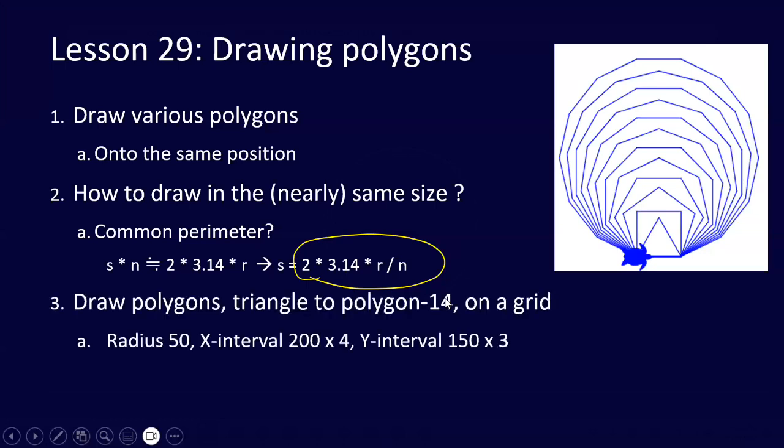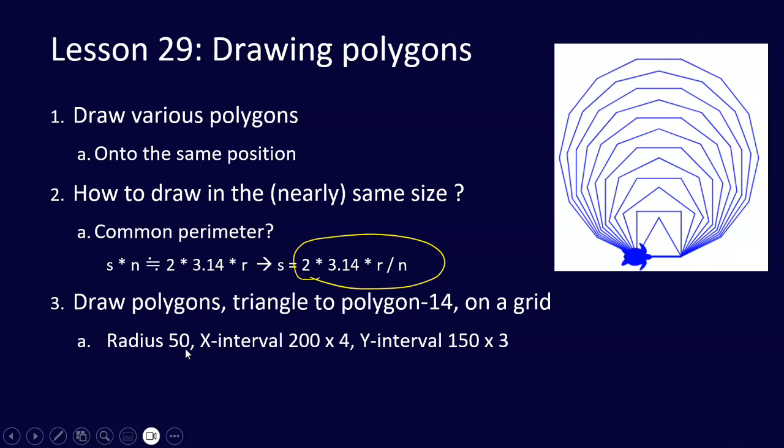So what's next? Draw polygons, triangles to polygon 14. I don't know what that is called in English, on a grid. Anyway, we now know we can draw polygons almost in the same size. So try to do this on a grid.